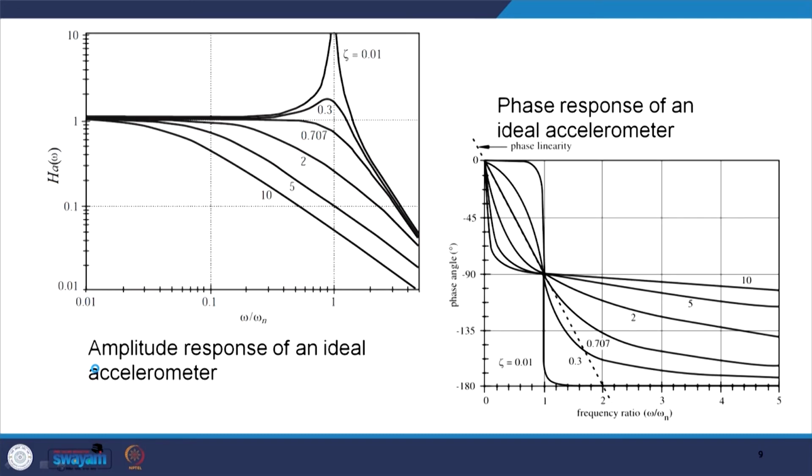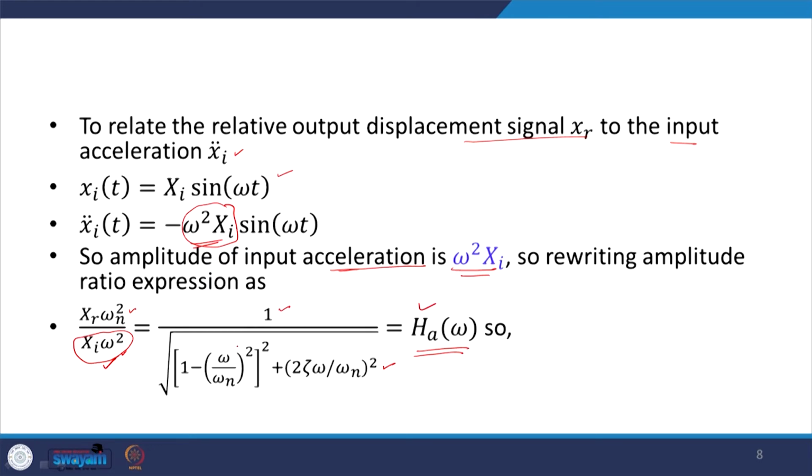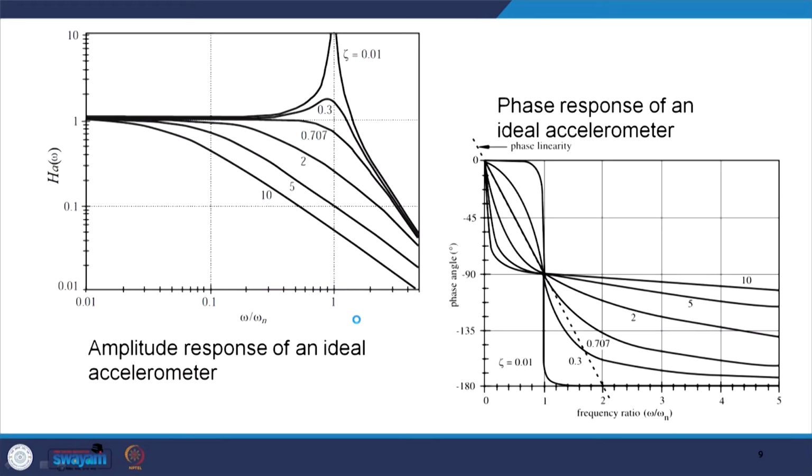Next, let us see if I plot this h a, this term which I have written over here, with omega by omega n, this is what the plot is going to be. Here I want to mention one thing: at the damping ratio 0.707, you will see that most of this part is straight, until it reaches an omega by omega n value of 1.